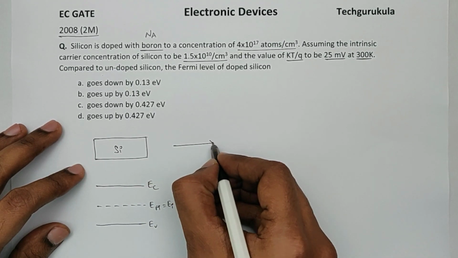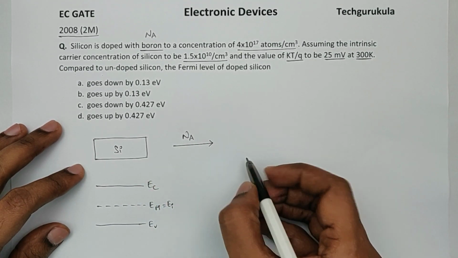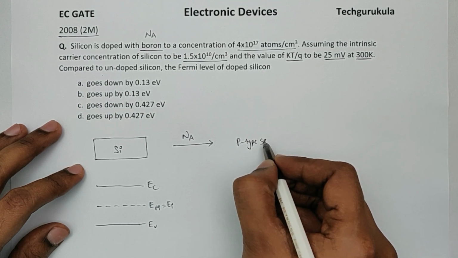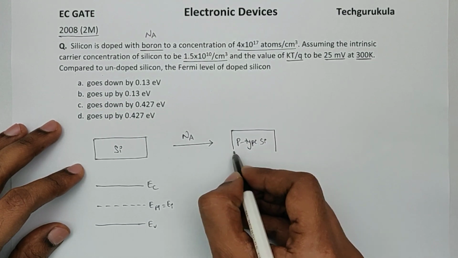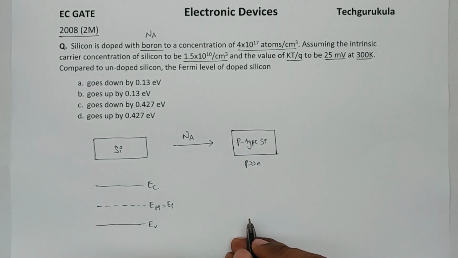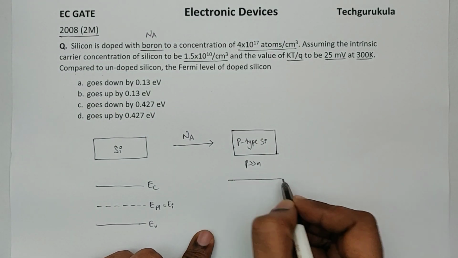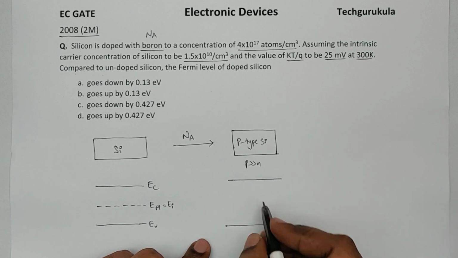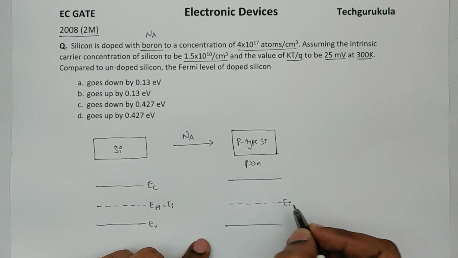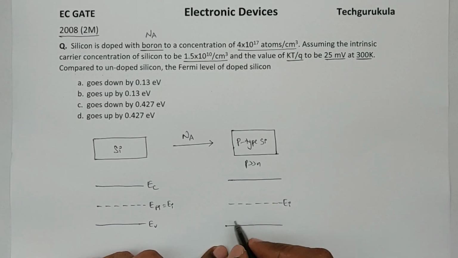Now if we dope this with acceptor impurities, this becomes a p-type silicon, where the hole concentration is far greater than electron concentration. Now the energy band diagram would look like this, where EI is for our reference, as it has always been throughout the course, and the Fermi energy level would be below EI.